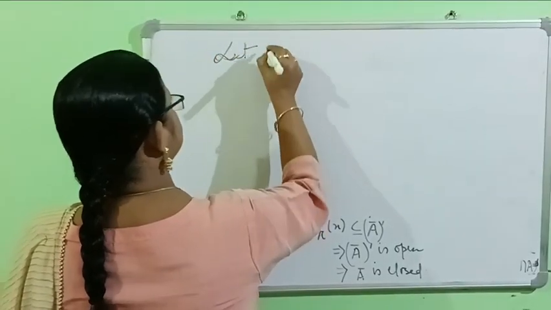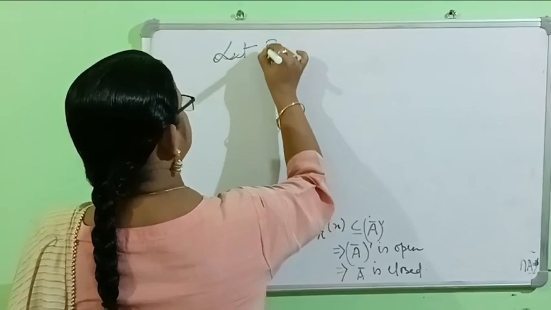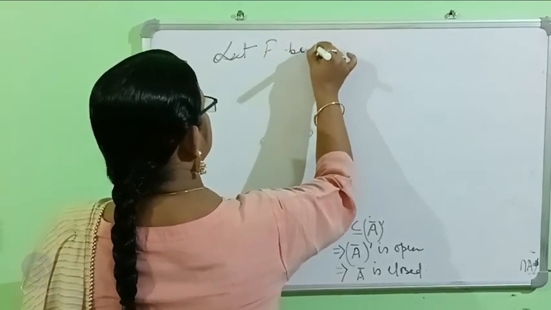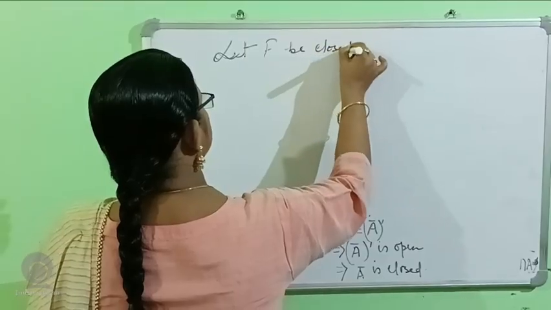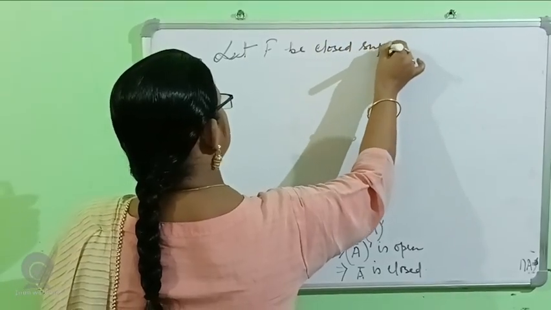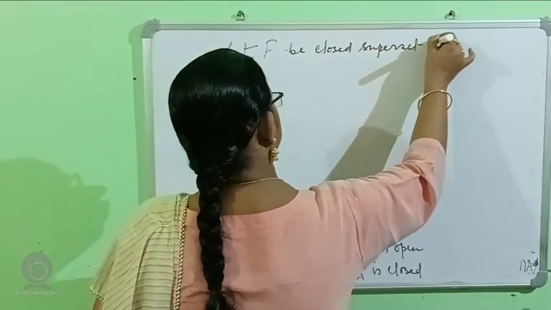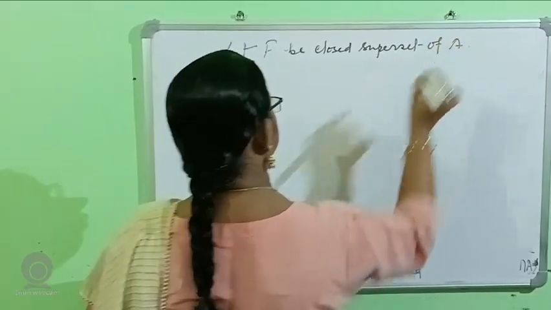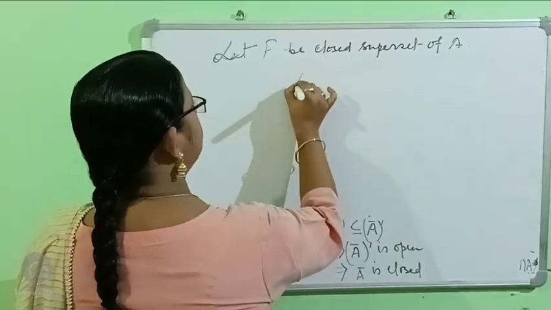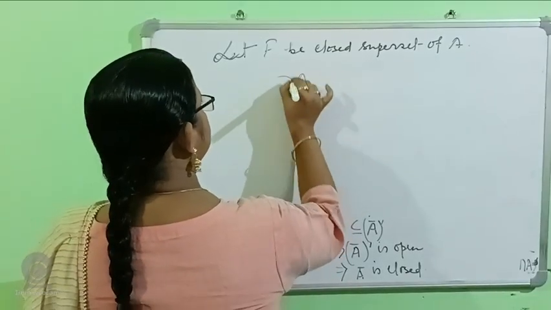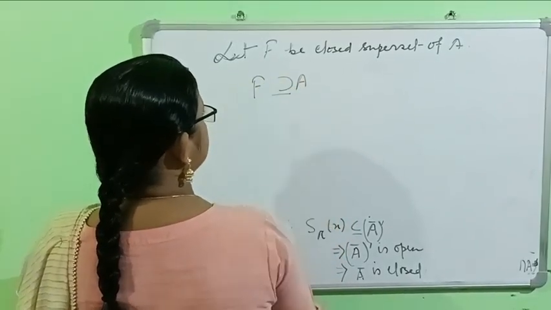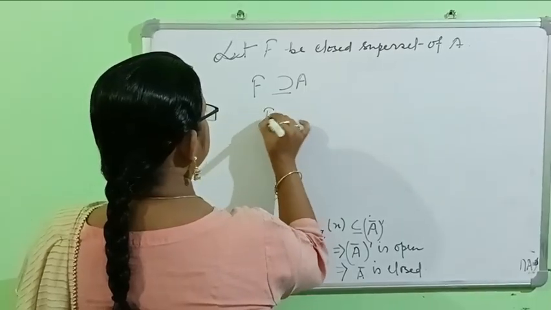Let F be a closed superset of A. Then F contains A. So take closure on both sides.